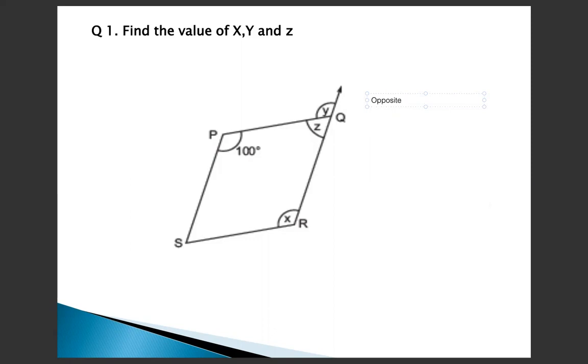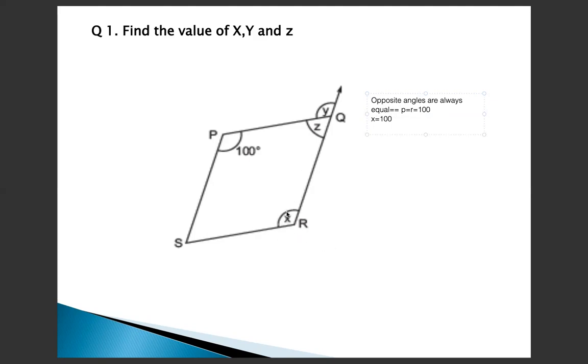We know that opposite angles are always equal, so sorry for the spelling, are always equal. That means that angle P is equal to angle R, which is 100 degrees, so that means our angle X becomes 100 degrees. So we have found the value of X.